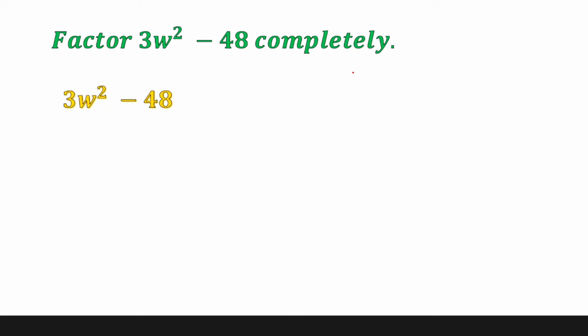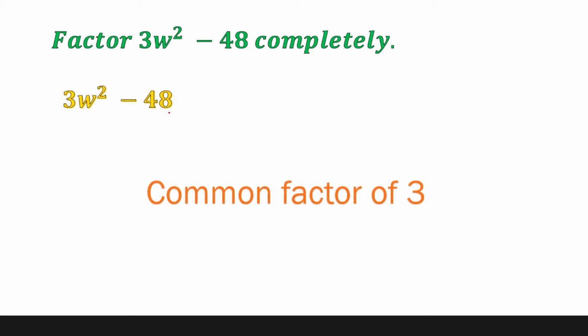Next, we have another example. Factor 3w squared minus 48. As you can see, in this example, hindi to perfect square pa. But, we have a common factor of 3 na pwede nating i-factor out. So, when we factored out by 3, simply we were going to divide it by 3 lang.